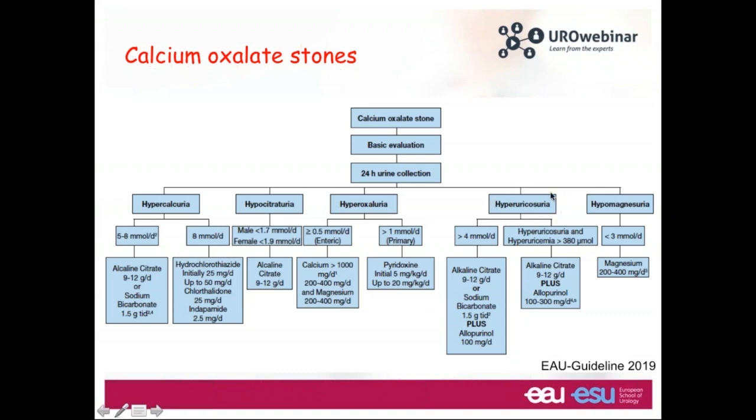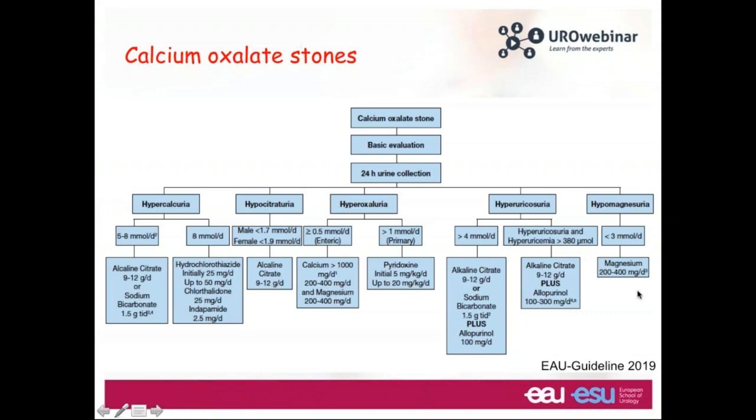And if the patient has a calcium oxalate stone and elevated uric acid, then depending on the level of the uric acid, you give alkaline citrate plus a low dose of allopurinol. If there is hyperuricemia also, you give higher doses of allopurinol together with alkaline citrate. If the patient is hypomagnesiuric, then you give magnesium supplements.